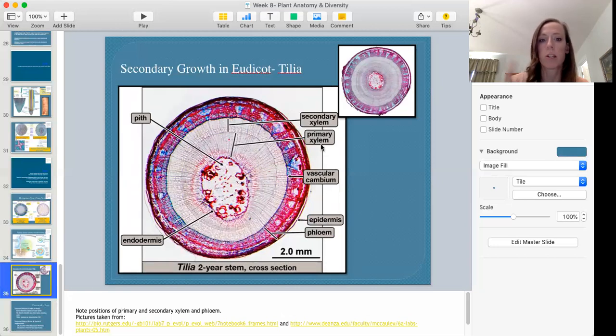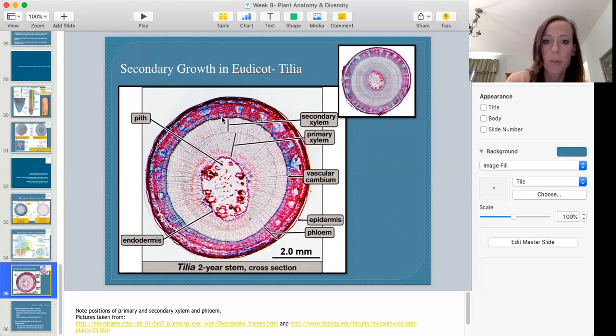This is a tilia 2-year-old stem. It's a dicot. So right here, this dark line, this is your vascular cambium, which is adding the xylem to the inside and the phloem to the outside every year. So you'll notice here there's a thin line dividing the first year's xylem, the primary xylem, from the second year's xylem, the secondary xylem.